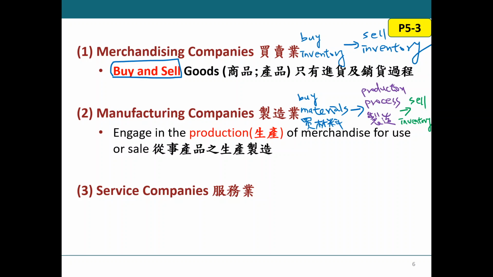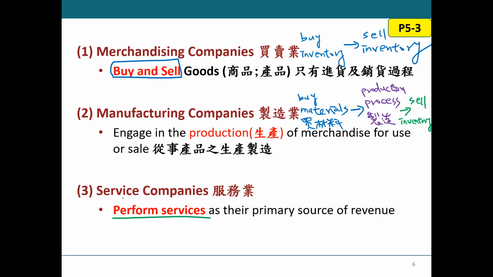How about the third one, service company? So service company means what? You only provide service. Okay, so you only provide service. So which one?